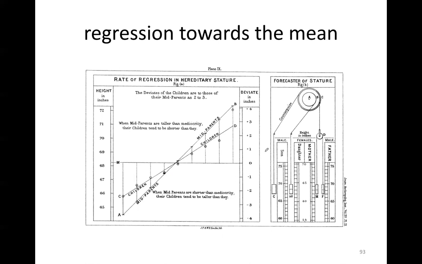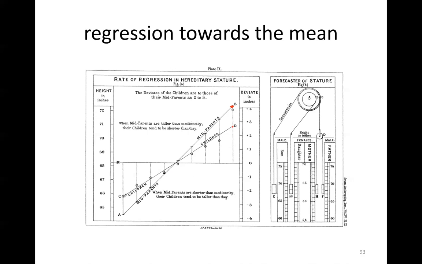And what he also noticed was that the children of very tall parents tend to be tall, but not as tall as you would expect from their parents' heights. So what you would expect from the parents' heights would be something here, but their children would tend to be somewhat less tall.